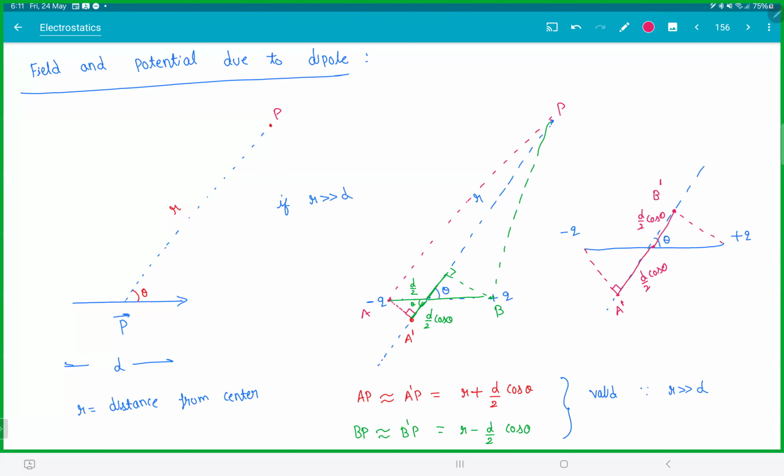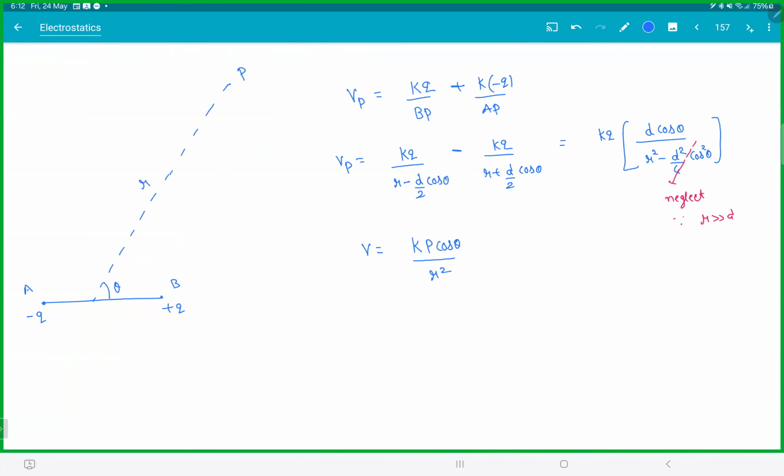And here theta is the angle, like this. Theta angle is from plus to negative. There we got the potential.